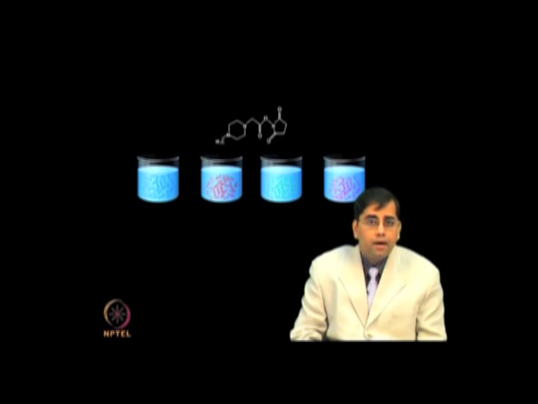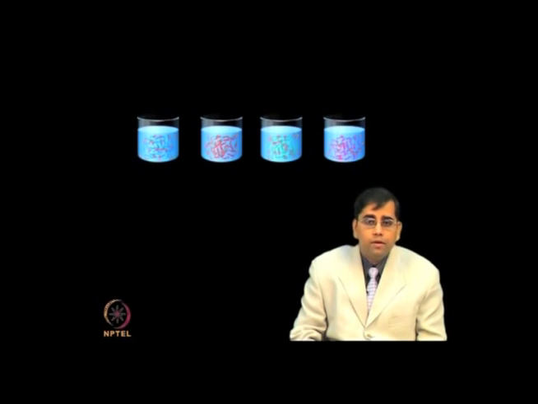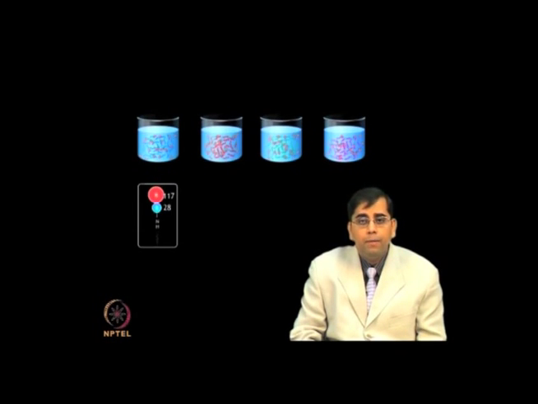iTRAQ reagents are a set of 4 isobaric amine specific labeling reagents: 114, 115, 116 and 117. An iTRAQ reagent consists of a reporter group, a balancer group and a peptide reactive group.